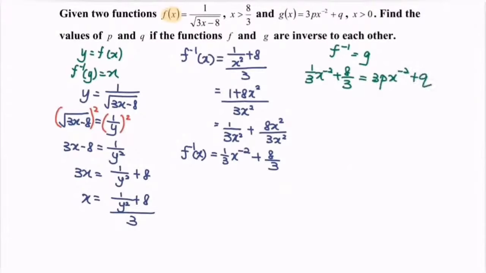So in here we can see that 1 over 3 is equals to 3p and 8 over 3 is equals to q. So finally we can have 3p is equals to 1 over 3 and p is equals to 1 over 9. Then for q it is 8 over 3.